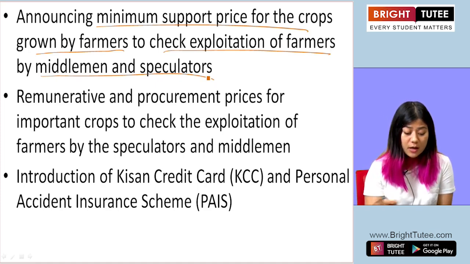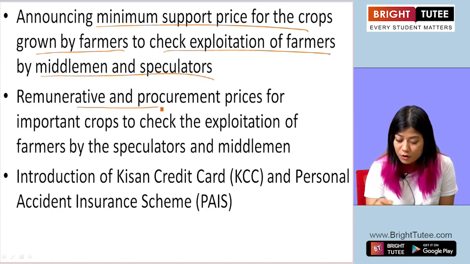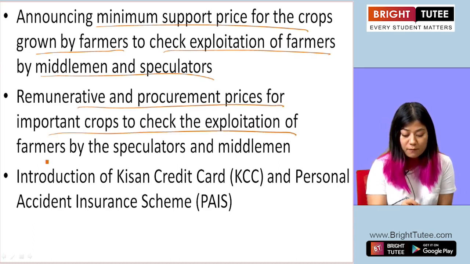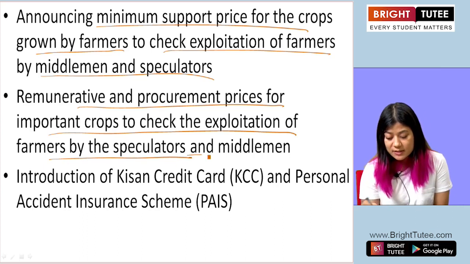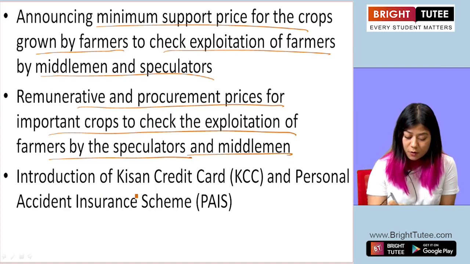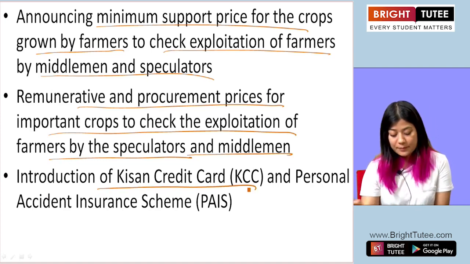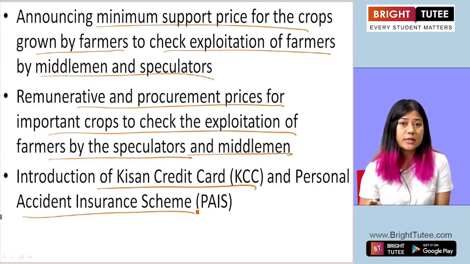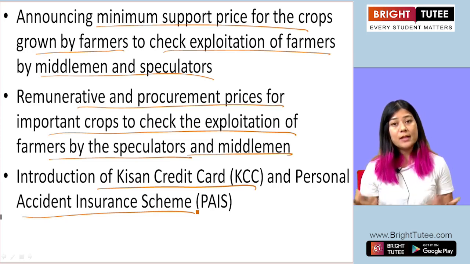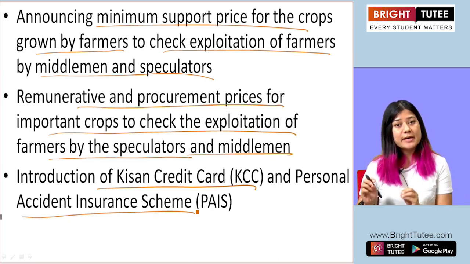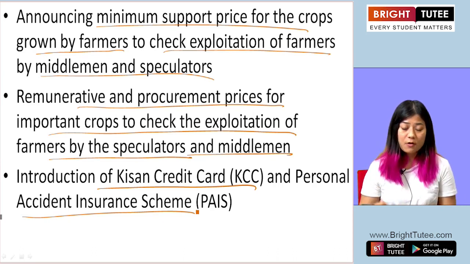Remunerative and procurement prices for important crops were also set by the government. The Kisan Credit Card and Personal Accident Insurance Scheme were also initiated by the government to help the farmers and, altogether, finally help in the growth and development of agriculture.